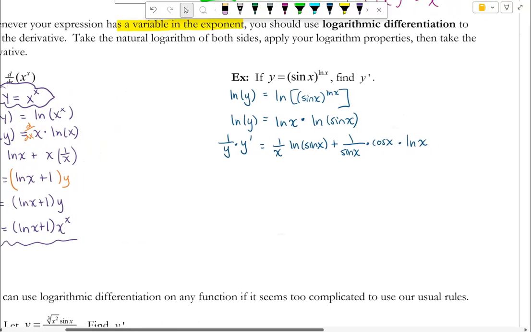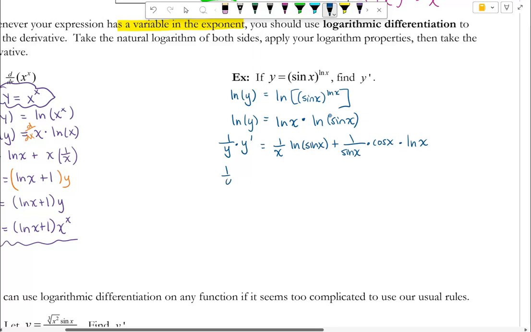So when I go to clean this up, I still have 1 over y on the left. I might think of this as ln of sine of x over x plus, well, this becomes cosine of x divided by sine of x.